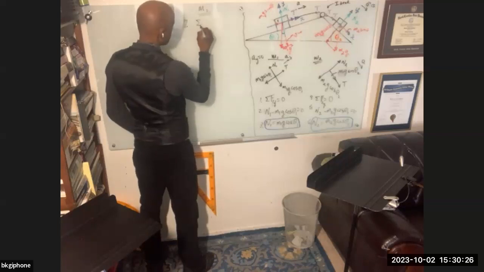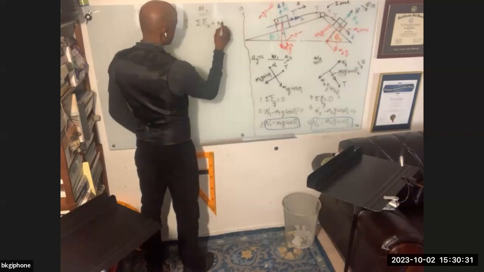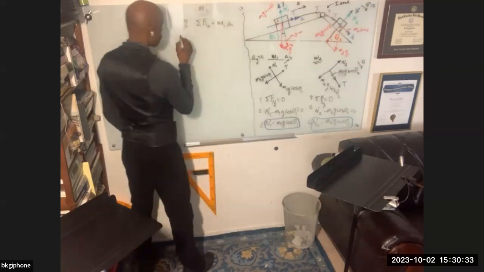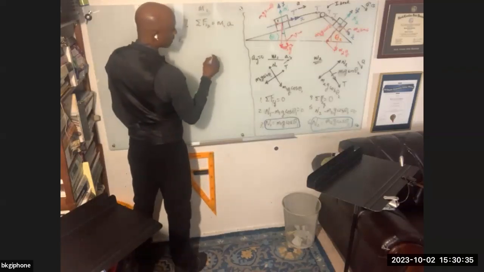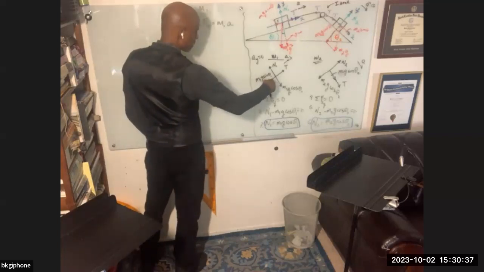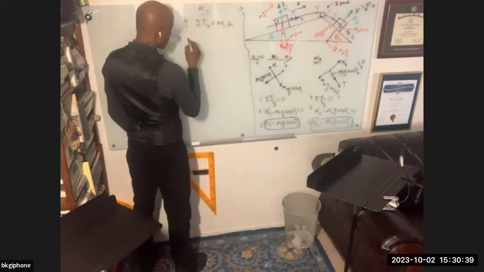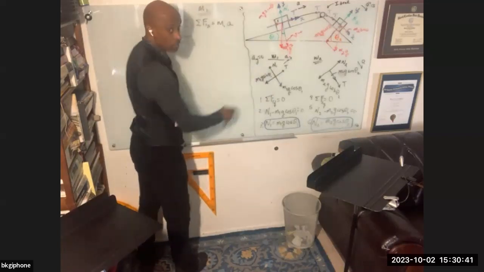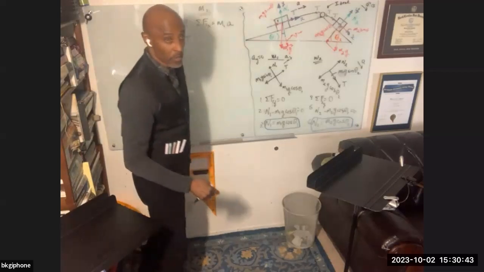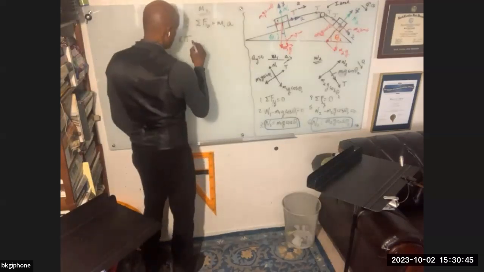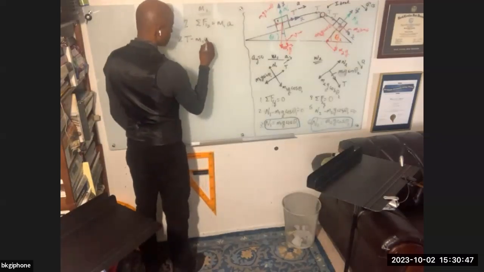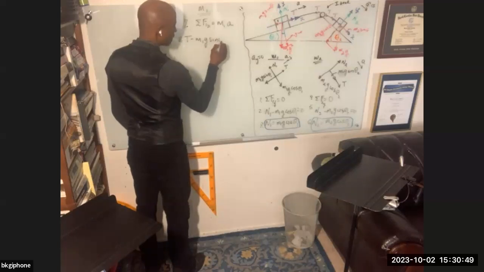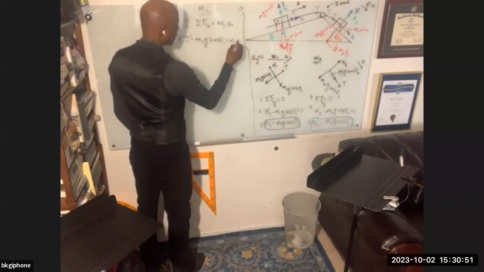So the net force in the x direction for 1 is M1A. So T is in the same direction as acceleration. M1 G sine theta is opposite direction. So T minus M1 G sine theta 1 equals M1A.